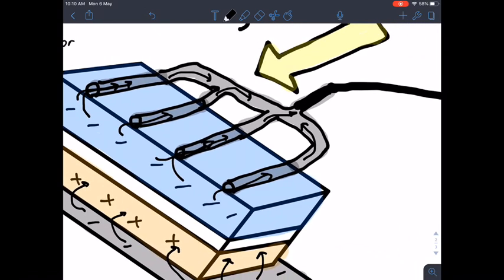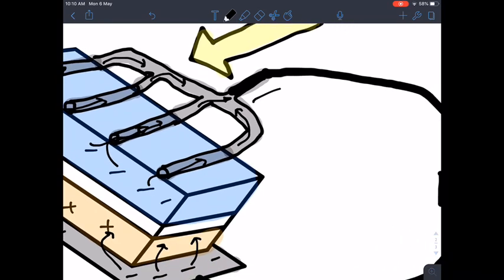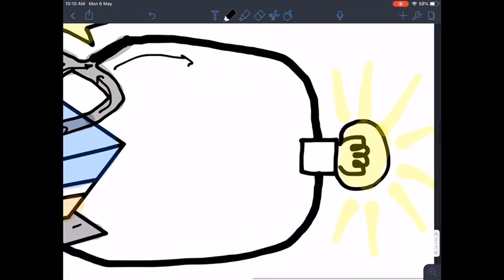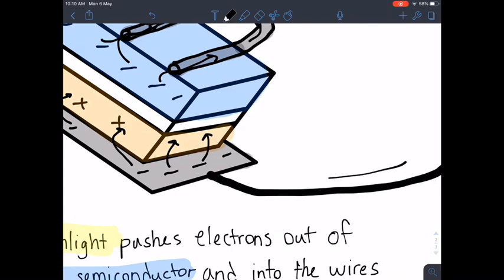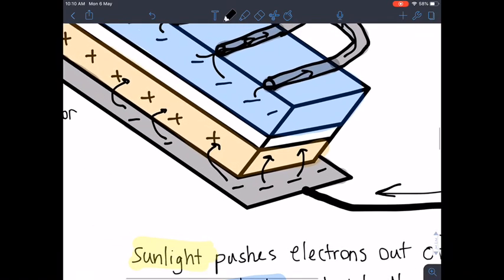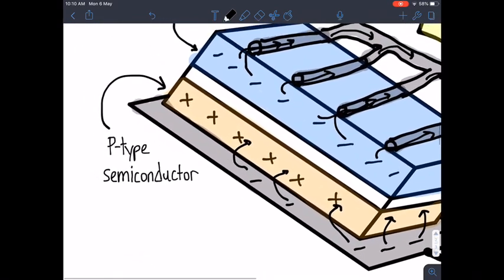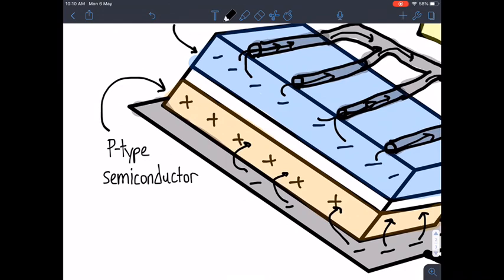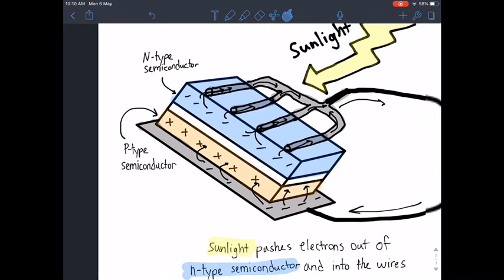Now, once we have all these electrons being pushed out in this wire, we can just connect it to the other side, creating a circuit, and all these electrons are going to be absorbed by the P-type semiconductor.